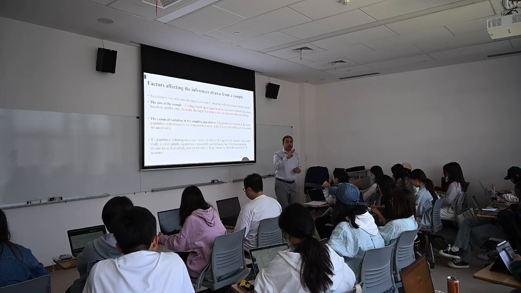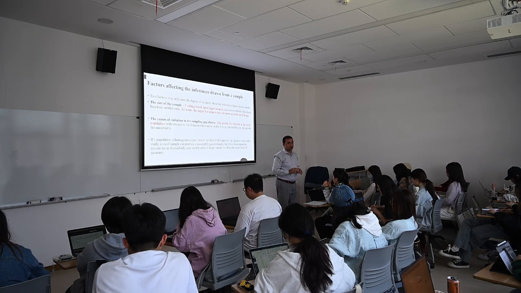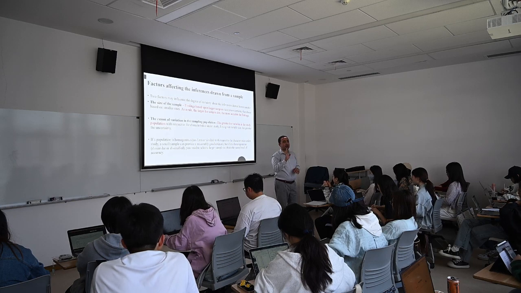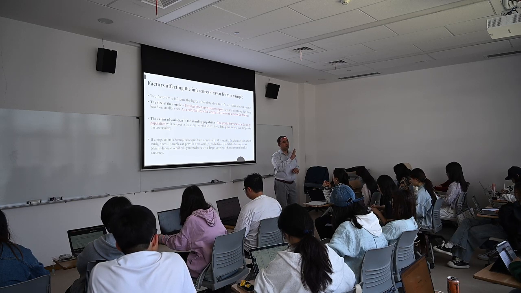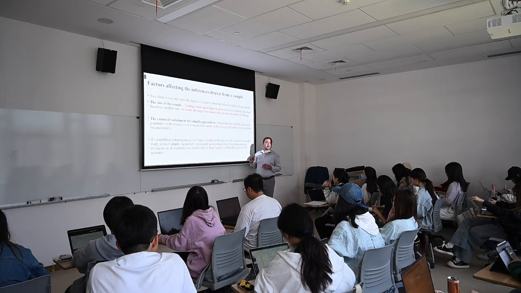Okay. If their ages are different, some students are 21, 25, 27, 30, in that case I cannot make a better judgment based on a small sample size, right? What I need to do is select a larger sample.